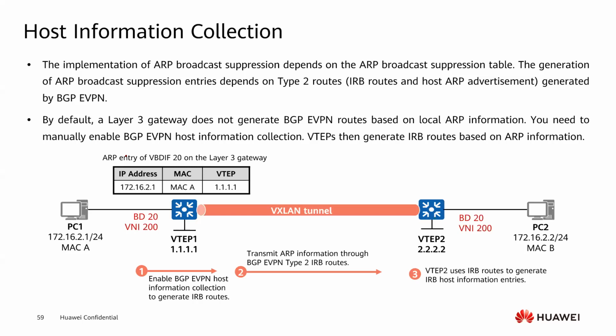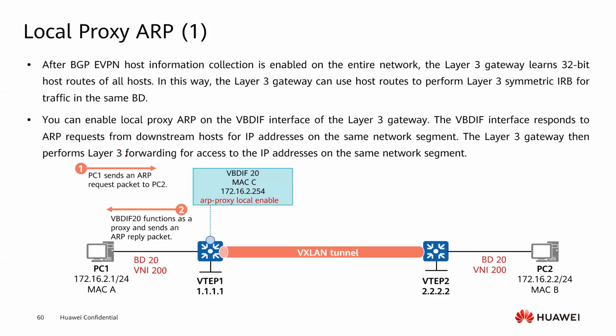But by default, the level 3 gateway does not generate BGP EVPN routes based on local ARP information, so you need to manually enable this feature. After you enable it, the ARP information learned by the VTEP will be transferred to the BGP EVPN routes. That is the function.